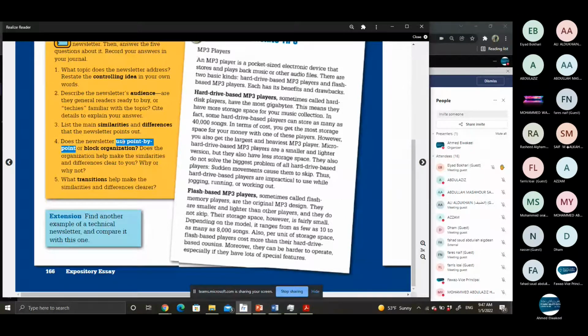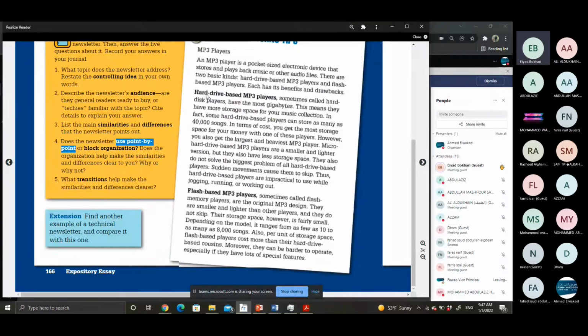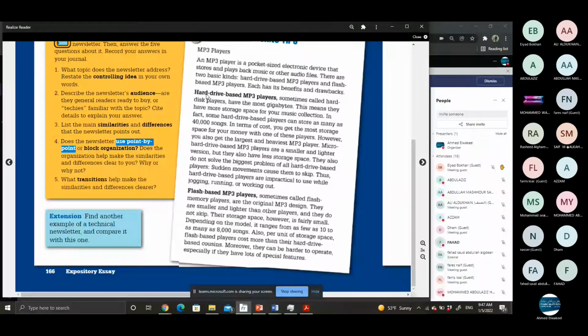So point by point means I, for example, come to the point of storage, then the point of weight, then the point of cost, and you mention both devices in each point. For example, I say the hard drive based MP3 player supports up to 40,000 songs.